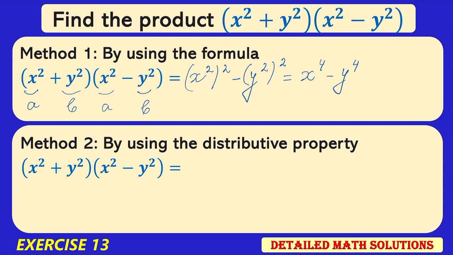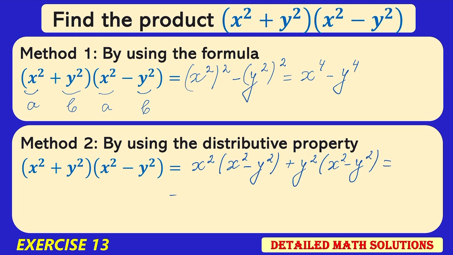When I use the distributive property, this equals x squared multiplied by x squared minus y squared plus y squared multiplied by x squared minus y squared.